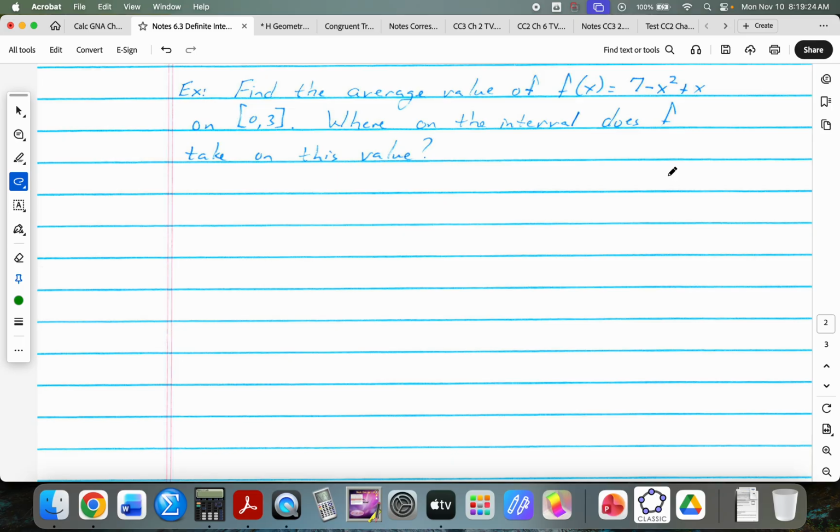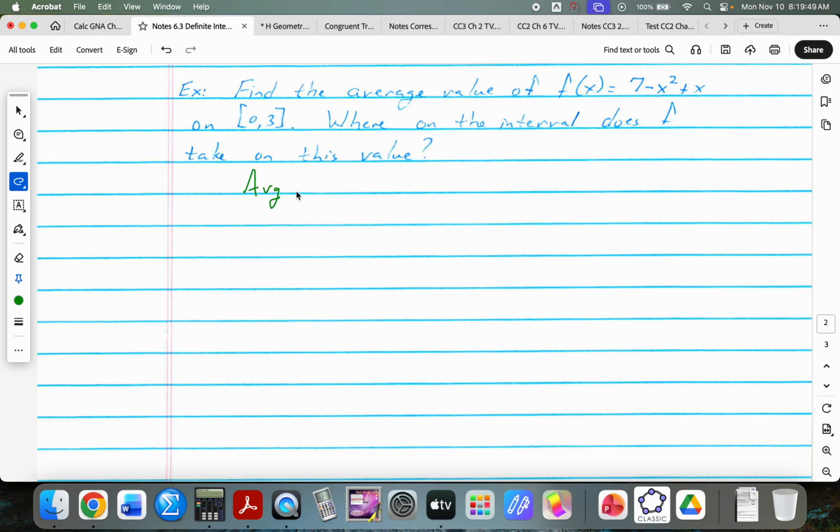So let's do this problem. Find the average value of f of x equals 7 minus x squared plus x on the closed interval from 0 to 3. And then find where on the interval f takes on this value. And I didn't write a note to myself that I should use a calculator, so let's try this without.